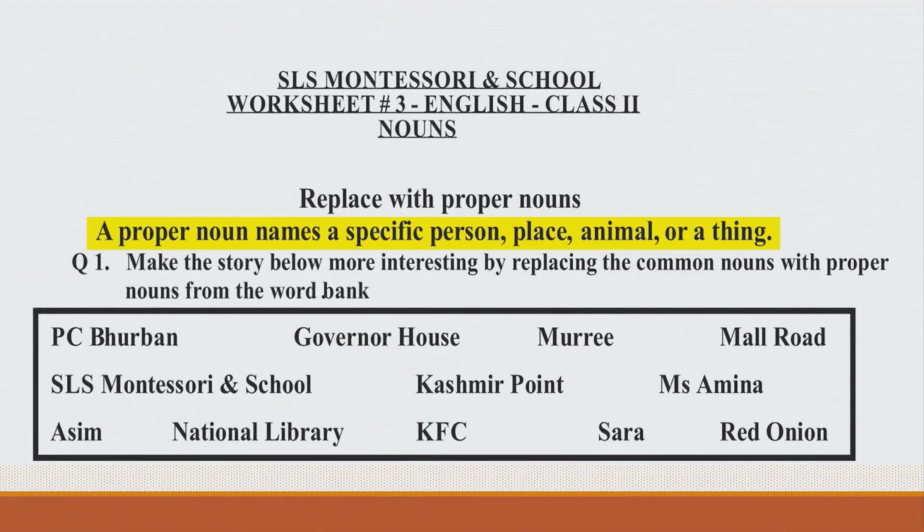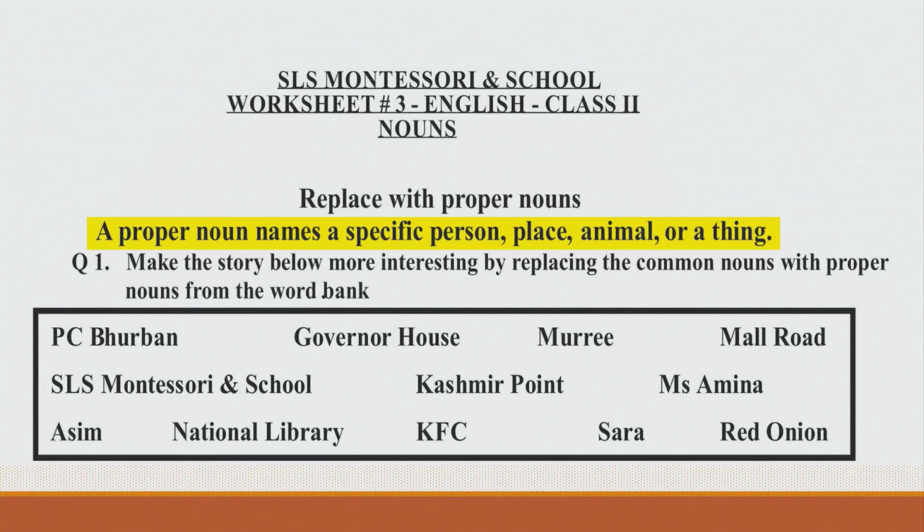Alright students, coming towards the worksheet, this is page number 3 and worksheet number 3. Replace with proper nouns. A proper noun names a specific person, place, animal, or a thing. We know that a proper noun is a specific name for a person, place, thing, or an animal, and it is always written with a capital letter. Make the story below more interesting by replacing the common nouns with proper nouns from the word bank.